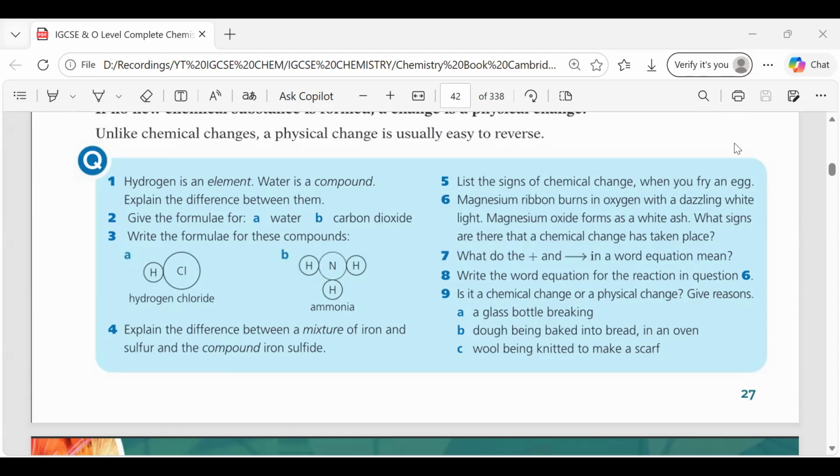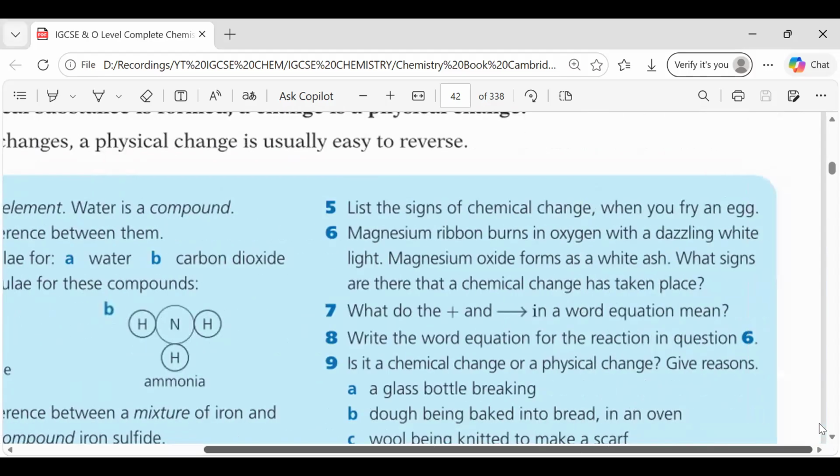Heat is given off, and a new substance is formed. You cannot reverse it, right? These are the two signs.